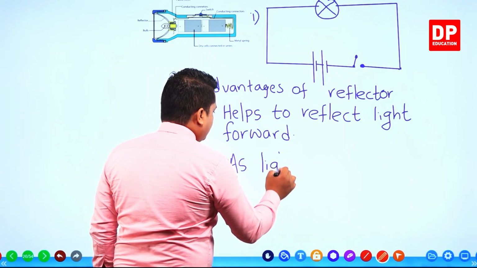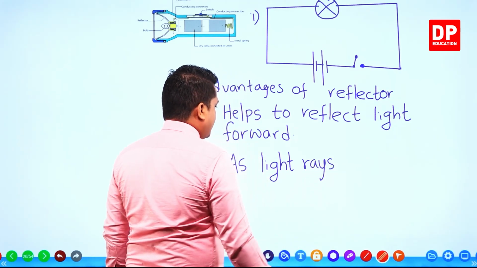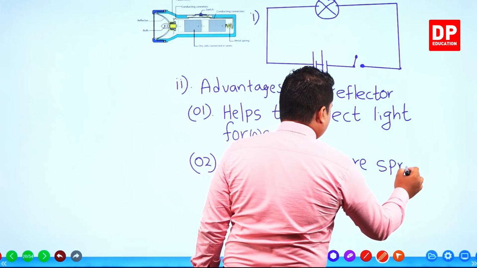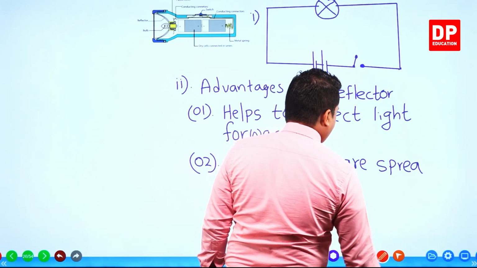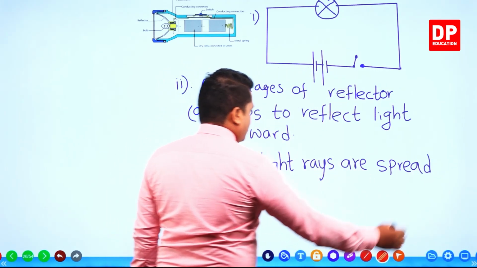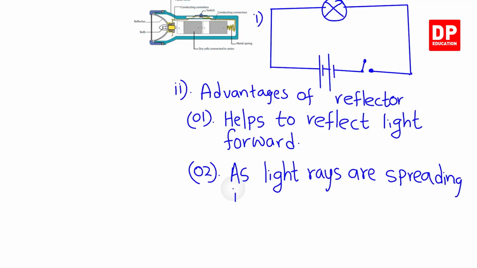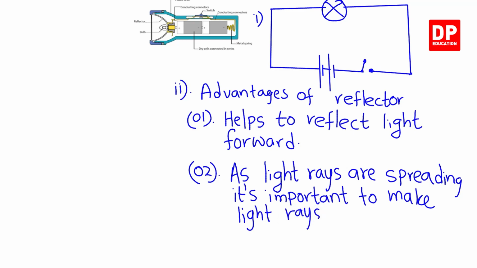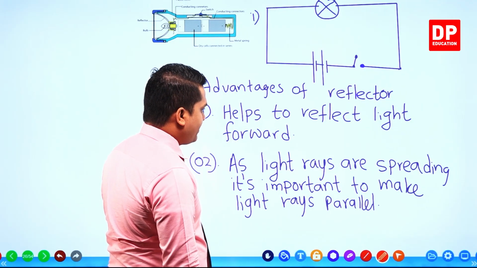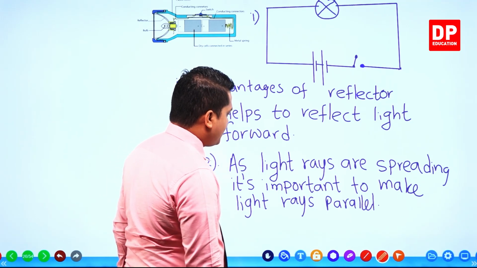As light rays are spreading, it's important to make light rays parallel.